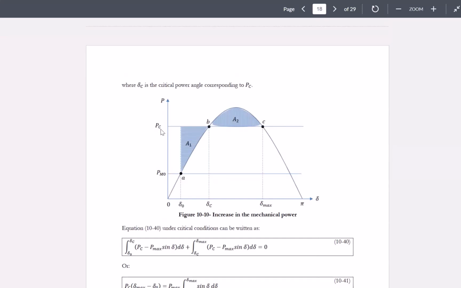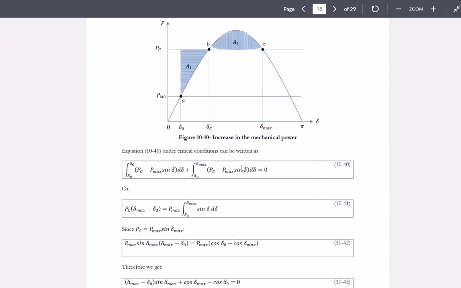That PC would be the critical P, the critical power that we can push into the system on the mechanical side such that the system would still remain stable. A little bit beyond that PC, the system will become unstable.